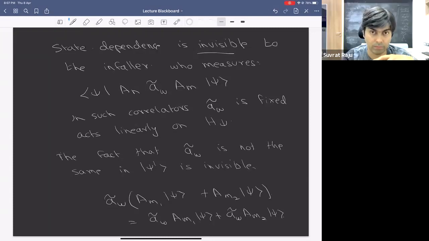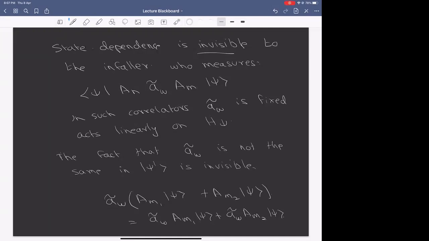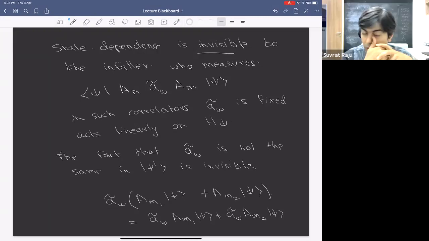Correct. So why can't it be rephrased as how the A tilde modes are populated being, in some sense, state dependent? What do you mean how they are populated? These A tilde omega operators in the boundary Hilbert space are different operators in different microstates.